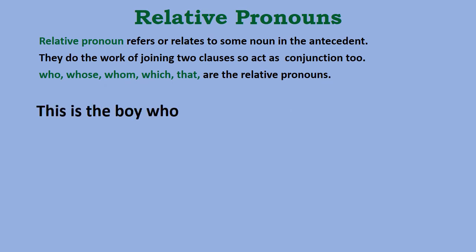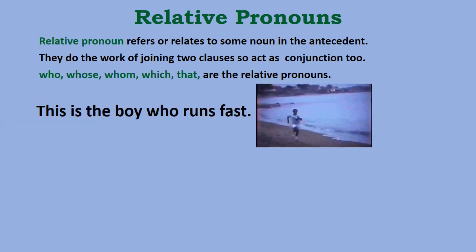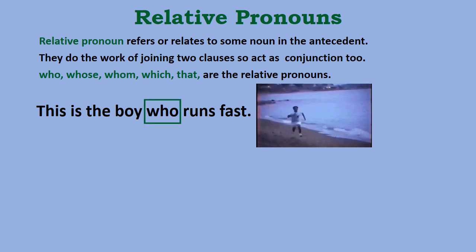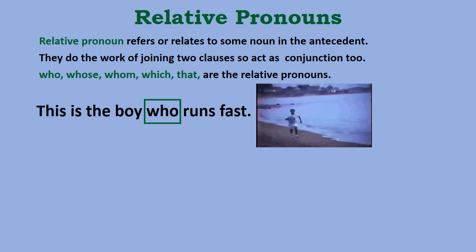This is the boy who runs fast. So what is it doing? It is joining two sentences with the word "who". So who is referring to whom? "Who" is referring to the boy in the antecedent, that is the earlier part of the sentence. And it is doing the work of a conjunction also.